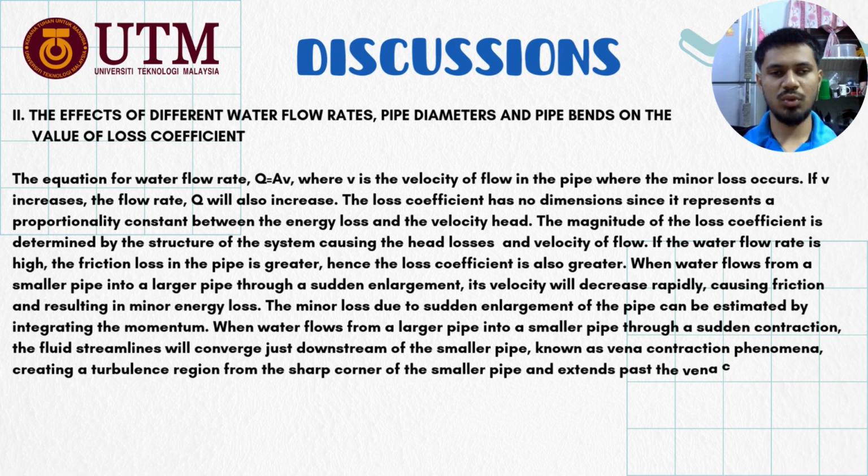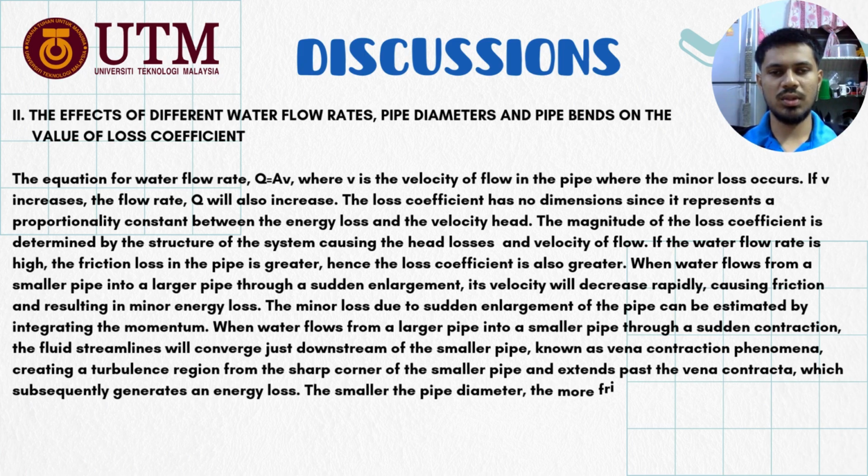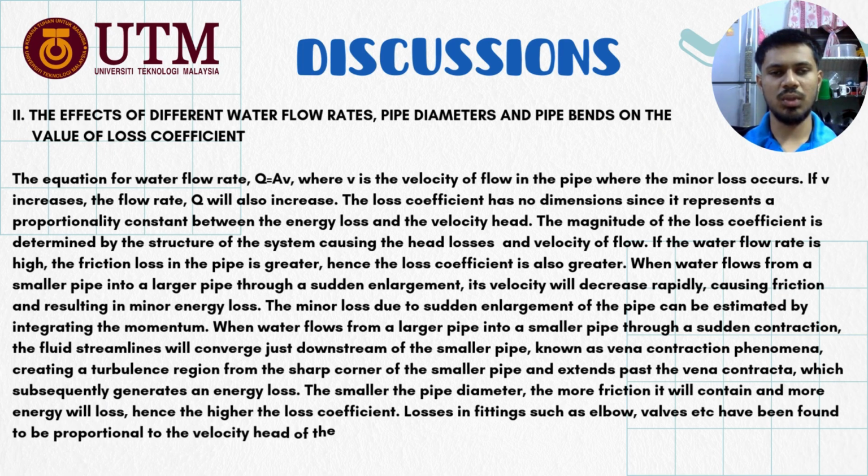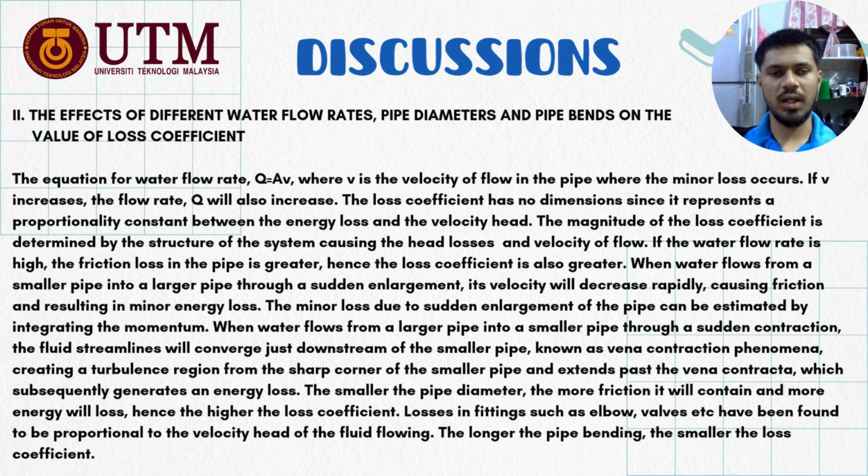When water flows from a large pipe into a smaller pipe through a sudden contraction, the fluid streamlines will converge just downstream of the small pipe, known as the vena contracta phenomenon, creating a turbulent region from a sharp corner in the small pipe and extending past the vena contracta, which subsequently generates an energy loss.